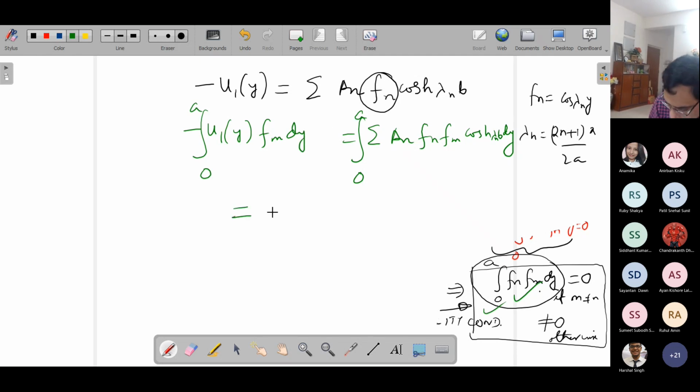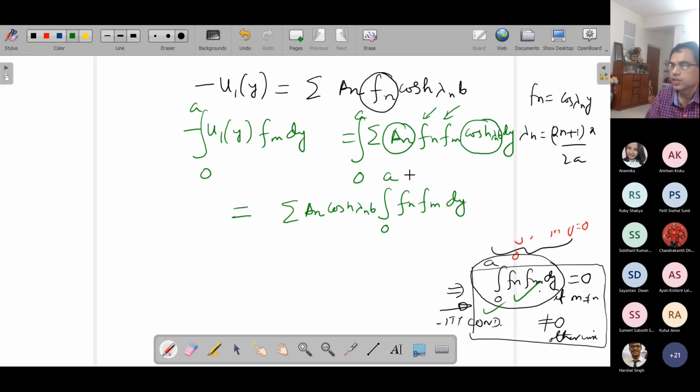If we do that, on the right hand side, see, an is not a function of the variable with respect to which it is being integrated, and cosh lambda n b is also not, but f is. So we will separate their effects: an cosh lambda n b into the integral of fn fm dy from 0 to a.